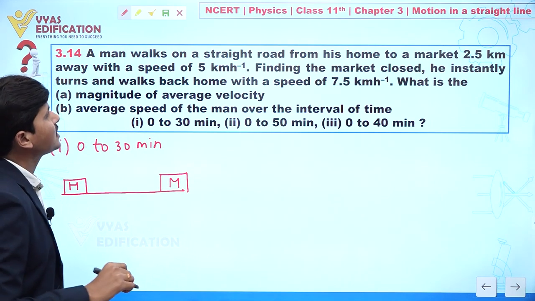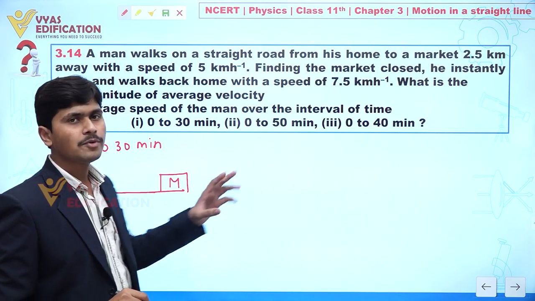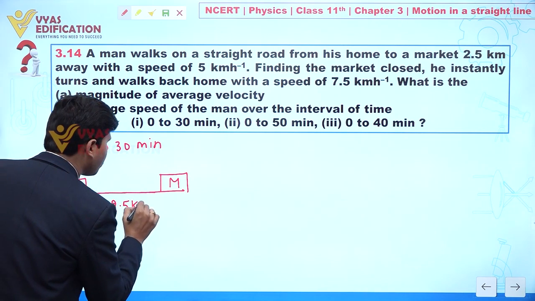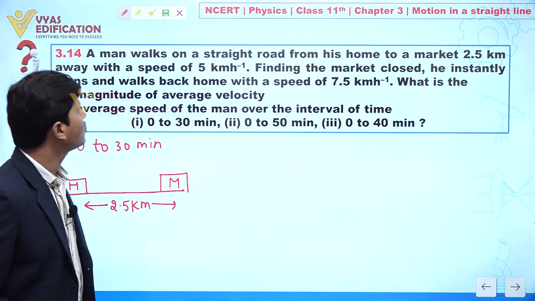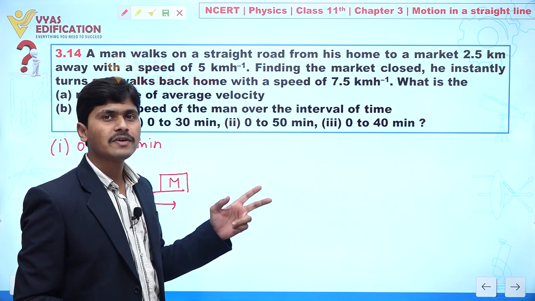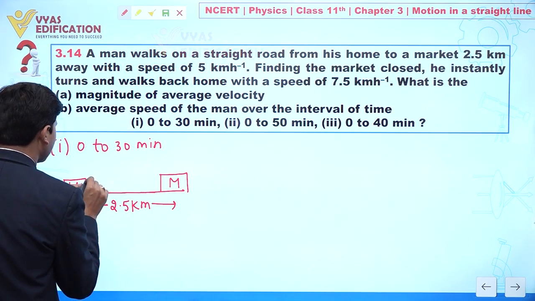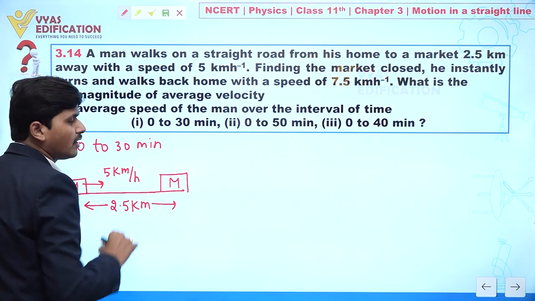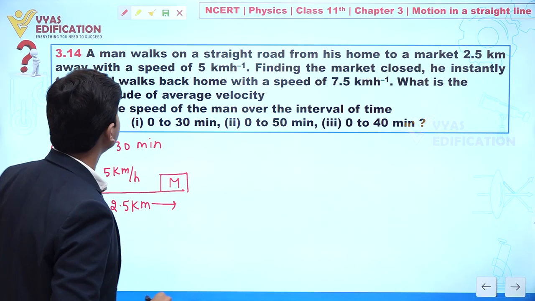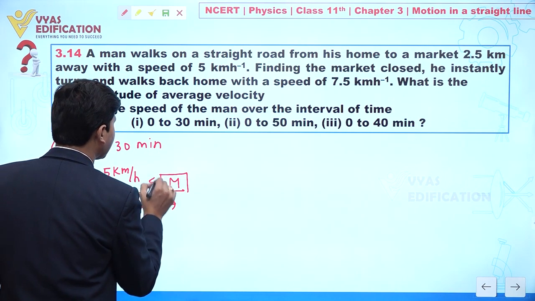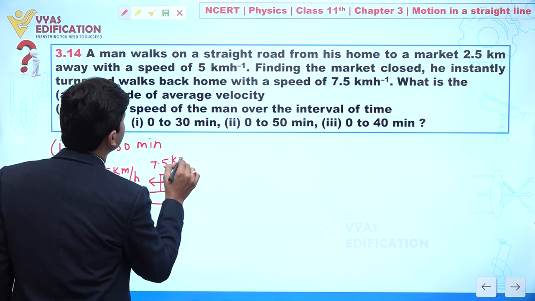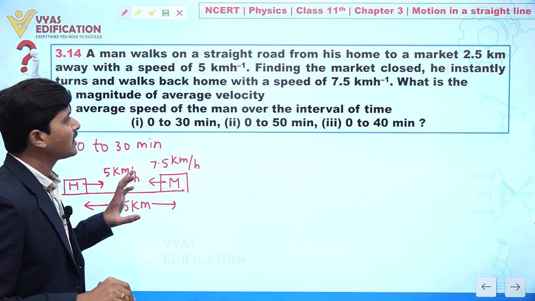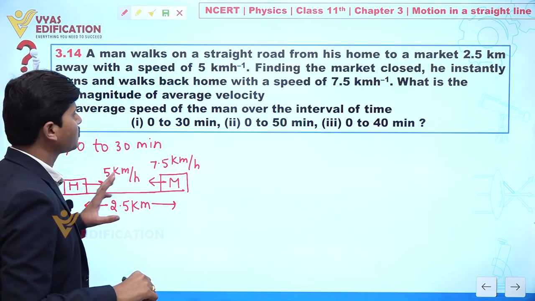So a person walks on a straight road from home to market 2.5 km, so this distance is given as 2.5 km, with a speed of 5 km per hour. Let's suppose the person is going from home with a speed of 5 km per hour. Actually he found the market is closed. He instantly turns and again moves with the speed 7.5 km per hour.